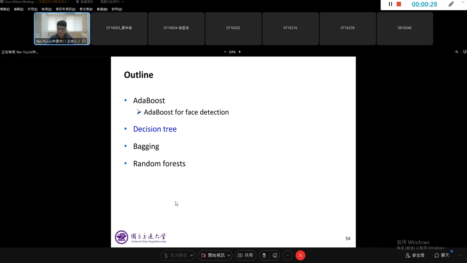AdaBoost maintains a weight distribution over training data. While iteratively updating the data weight, we can select strong and complementary weak learners to construct a final strong classifier. So this is the reason why this algorithm is called AdaBoost.